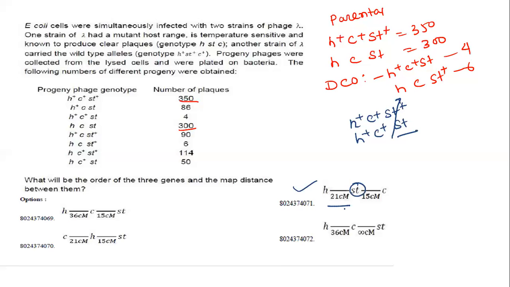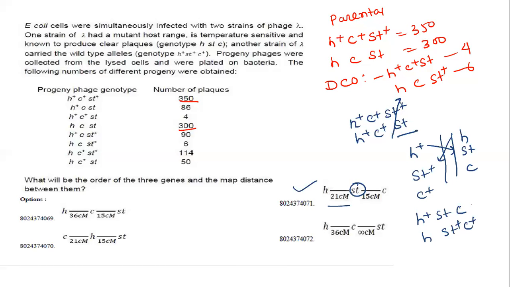If you need more confirmation, you can do another cross also. See that. ST you have got as the middle gene, so H plus ST plus C plus, and here H ST C. Now just cross H plus ST C and H ST plus C plus.